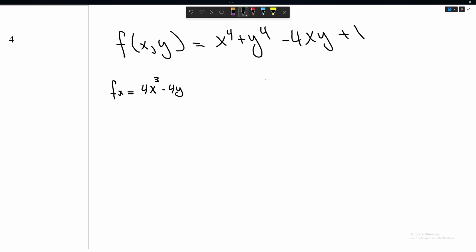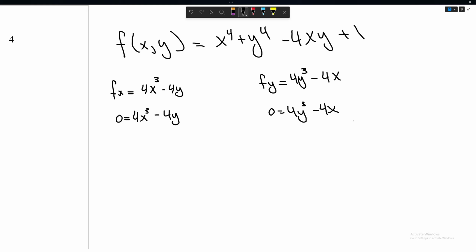And our fy equals, this goes to 0, 4y to the 3 minus 4x. Right? Now you gotta set it to 0. 0 equals 4x cubed minus 4y, and 0 equals 4y cubed minus 4x.